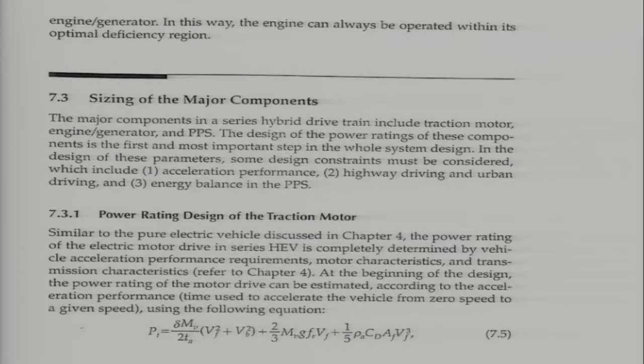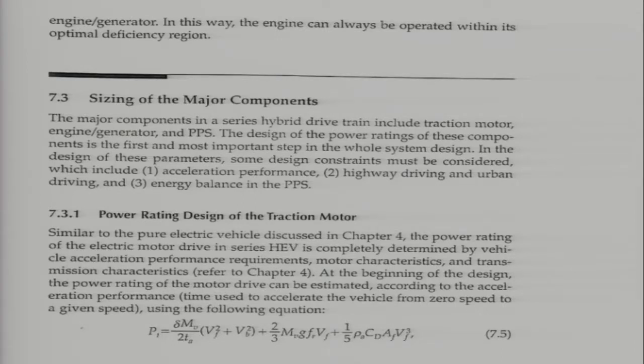Power rating of major components, how they are being sized. The major components in a series hybrid drivetrain include the traction motor, engine generator, and PPS. So these three components only we are considering for design.